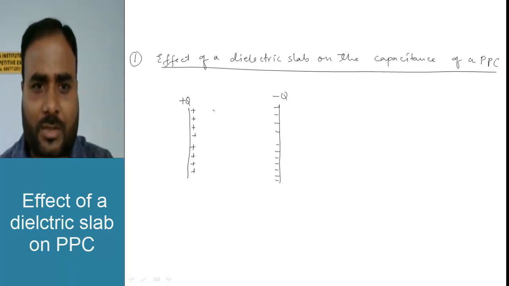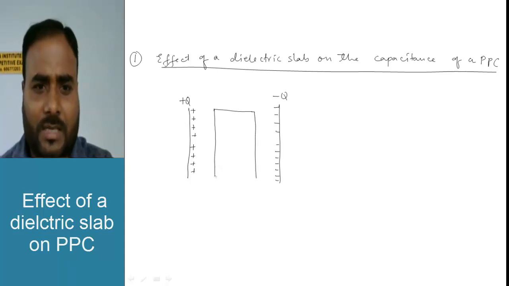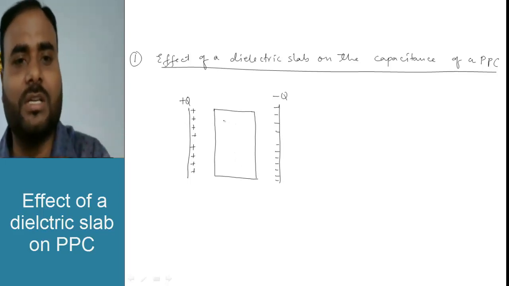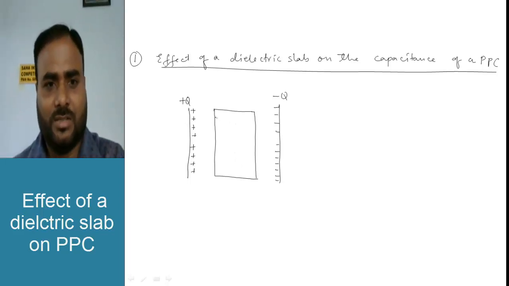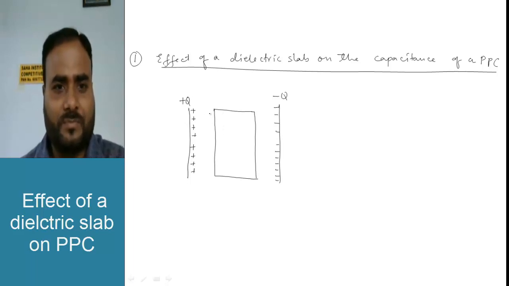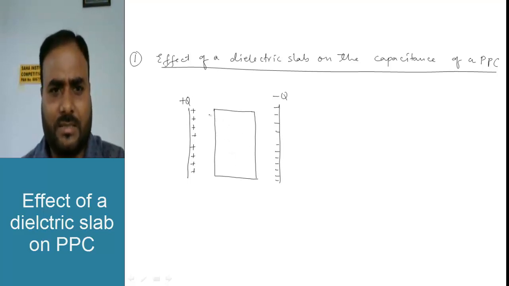Now let us insert one dielectric slab, which is basically an insulating medium, but that can be polarized. It won't let the charges flow, but it can get polarized, that is, it can separate the centers of positive and negative charges.